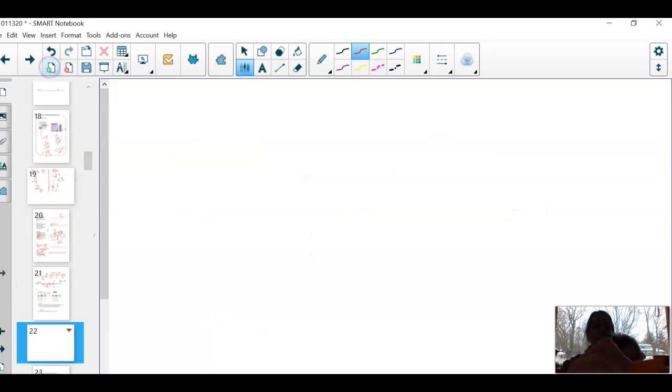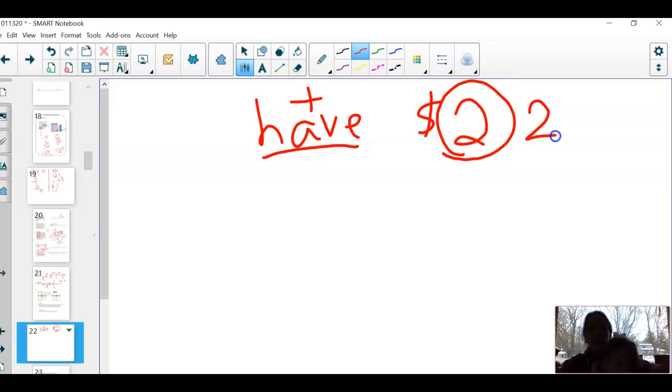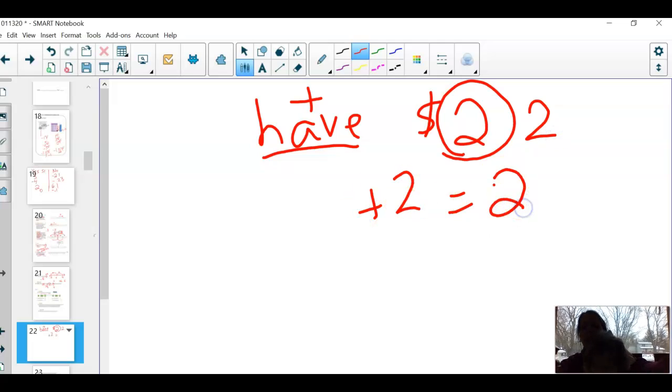For example, if I have $2 and I need an integer. Si yo tengo $2 y yo necesito escribir un número entero. I have, so that means it'd be positive. My number is 2, so I would have a positive 2, which just equals 2.